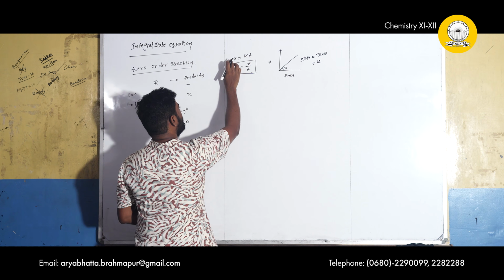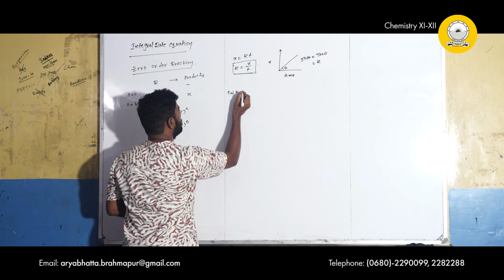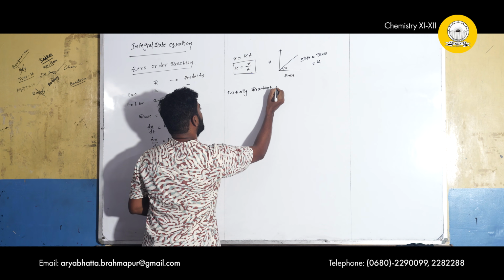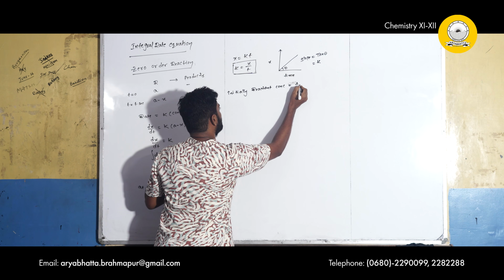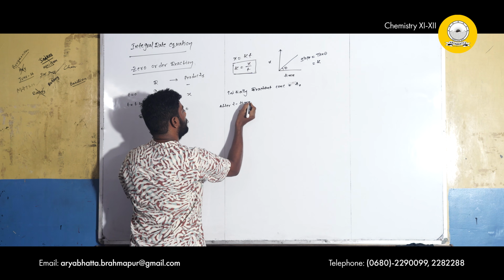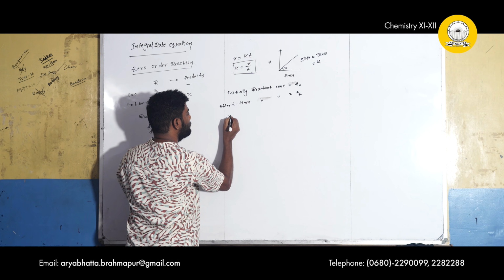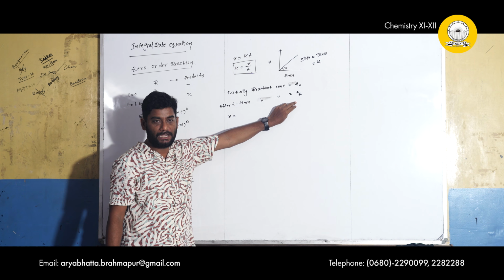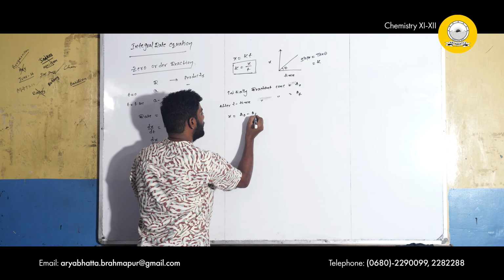First, take the initial reactant concentration as a naught. After t time, the reactant concentration is some a t. So x is the reactant reacted, the difference between where we started and where we are now, so x equal to a naught minus a t.